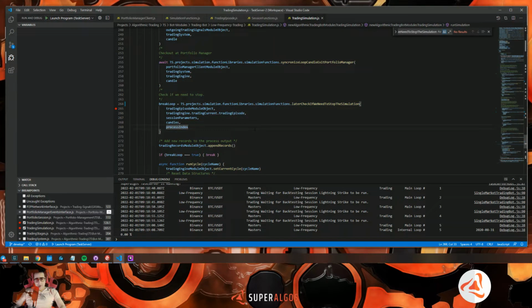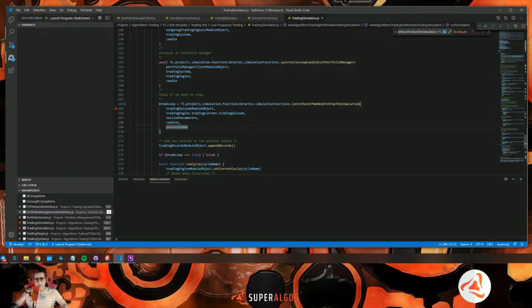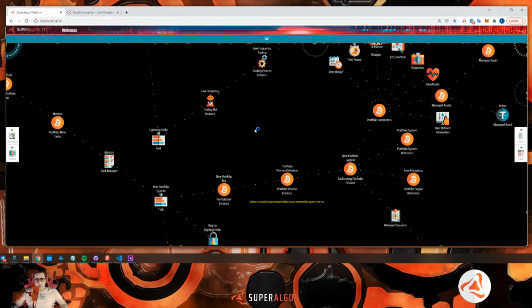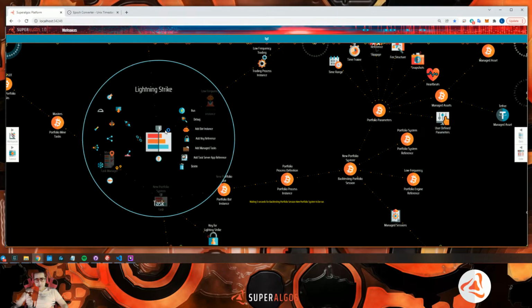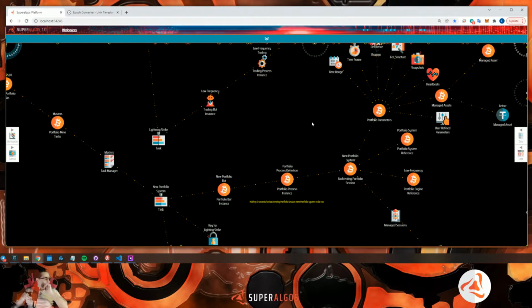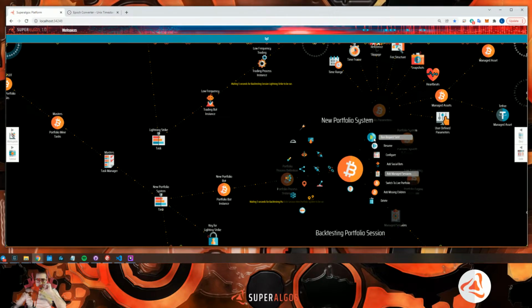Let's run the trading bot and debug. So we run both sessions now.